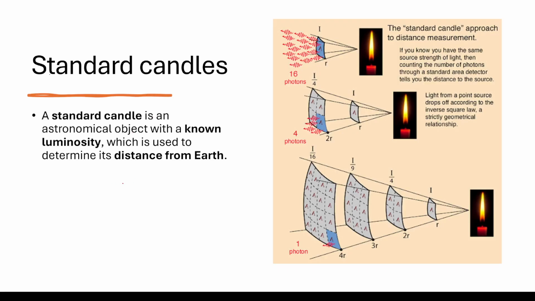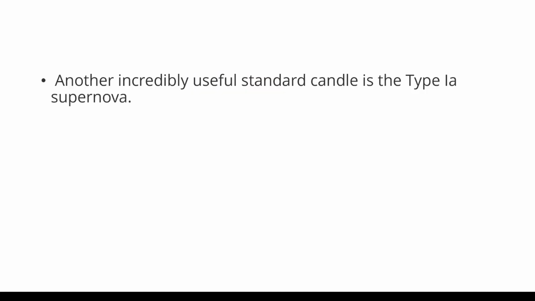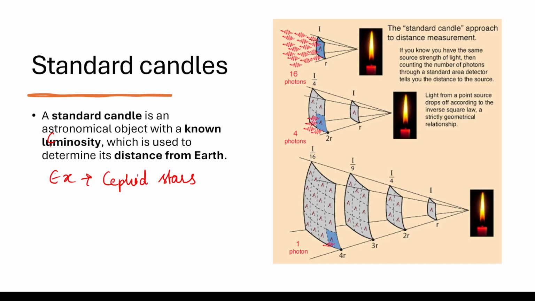The kind that you need to know for your examples of standard candles: an example is Cepheid stars. I don't know if I'm pronouncing it right. Let's go back and see the spelling. Yeah, Cepheid, C-E-P-H-E-I-D. Okay, so Cepheid stars.